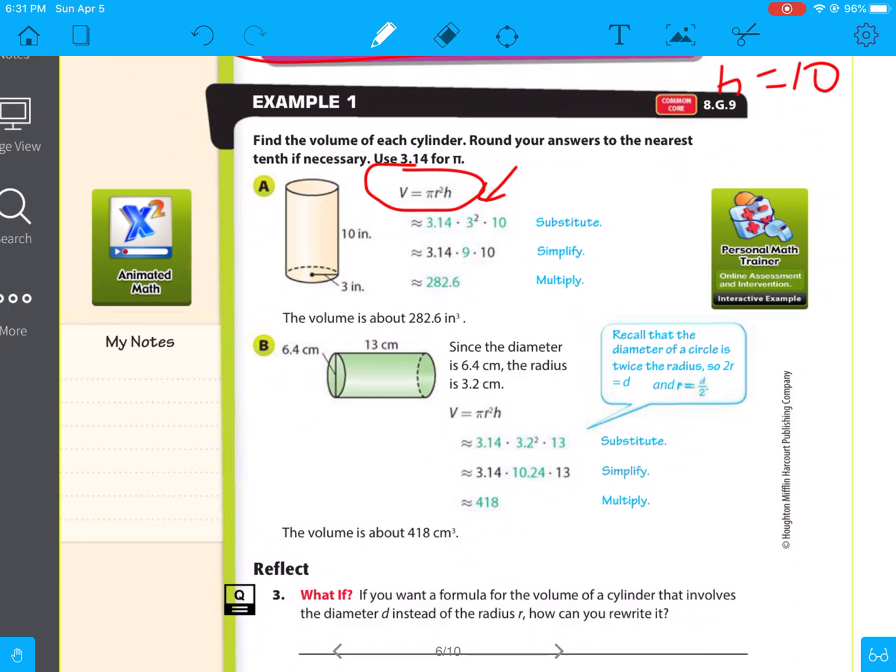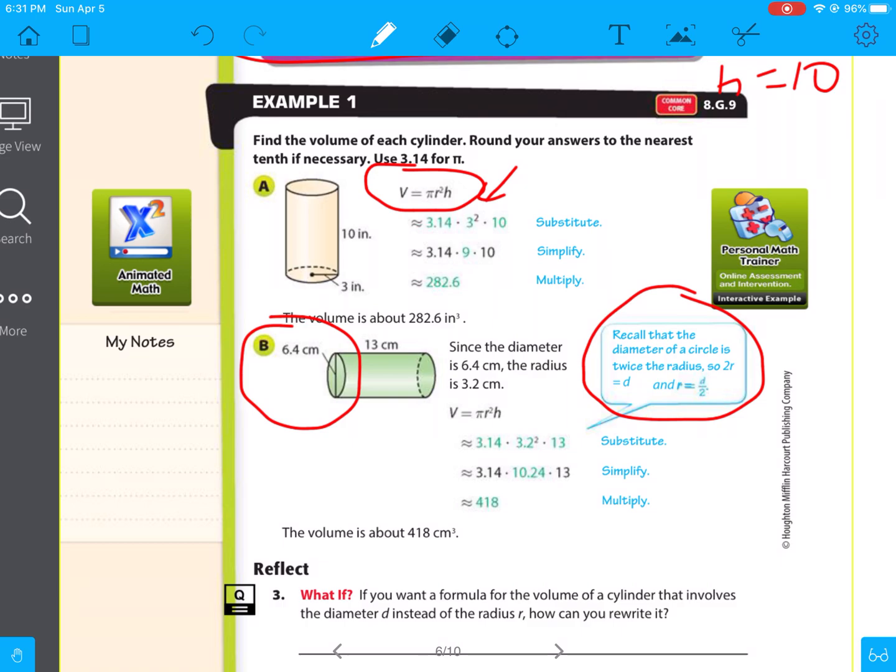For letter B, if you've noticed here, they don't give you the radius, they give you the diameter. So you're going to actually have to divide that by 2 to get your radius. Diameter, you don't need that, but you need to find out what the radius is, which is half of that. And they kind of tell you that right here on the right.